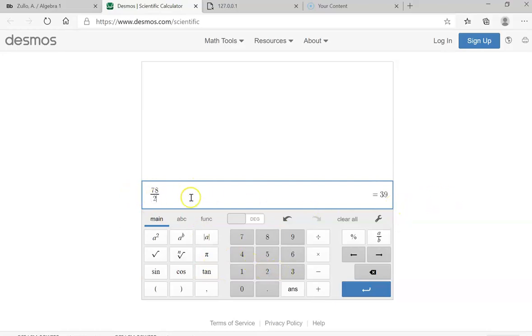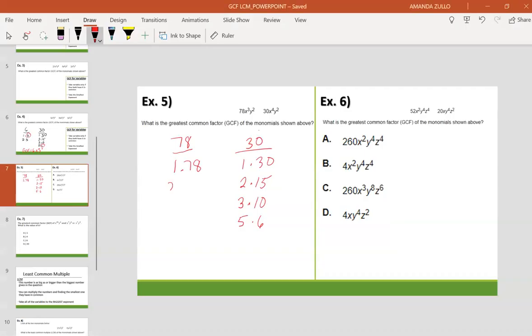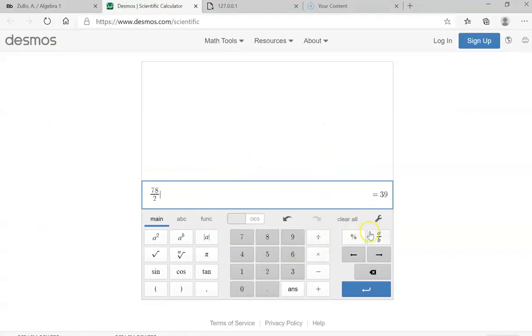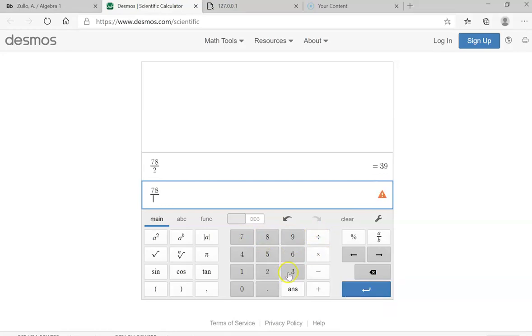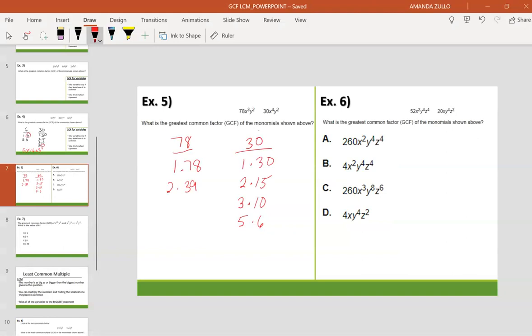Sorry, I'm having some trouble with the screen. And we get 39. So 2 times 39, they're factors of 78. The number that comes after 2 is 3. So we're going to do 78 divided by 3. And we get 26. So 3 times 26.